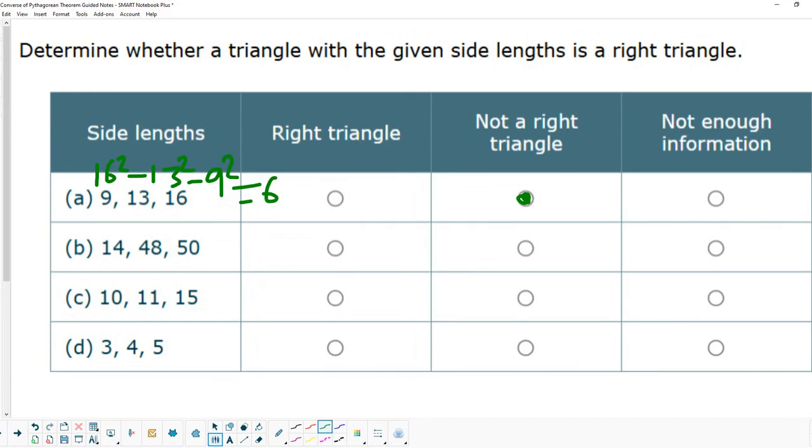All right, so let's do one more. I'll jump down to this last one. So 5 squared is 25, minus 4 squared, which is 16. And we're going to subtract 3 squared, which is 9.